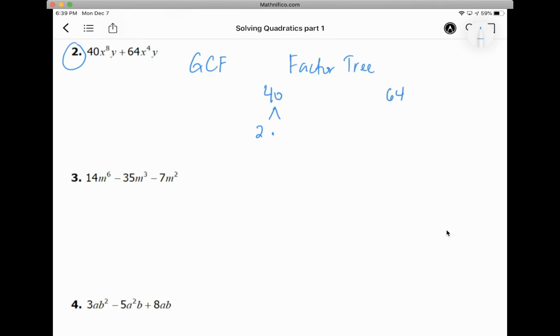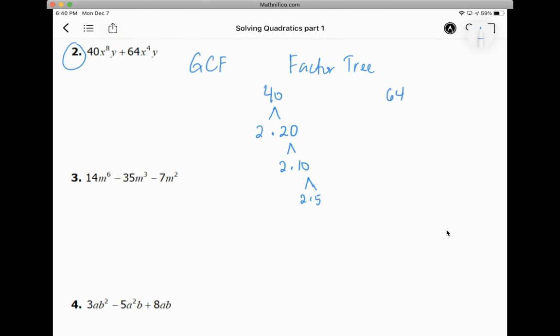So 2 times 20 gives me 40. I could still break down 20, right? 20 divided by 2 gives me 10, so 2 times 10 gives you 20. Can I still break down 10? Yes, I can. 2 times 5 gives me 10. Can I still break down 5? Not anymore, right? You can't have any more factors of 5 other than 1.